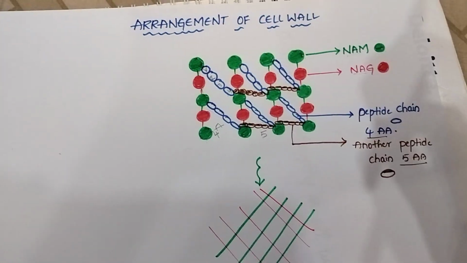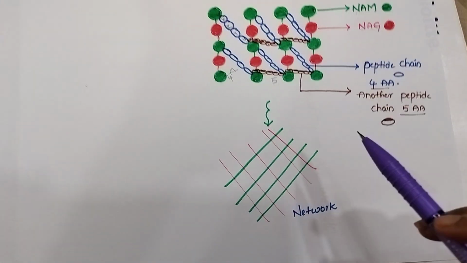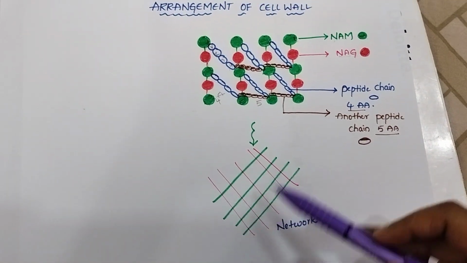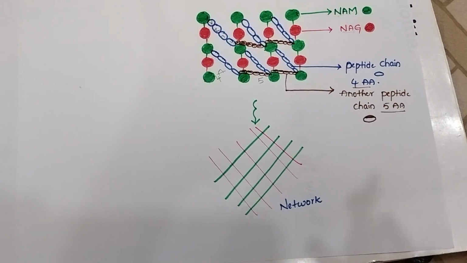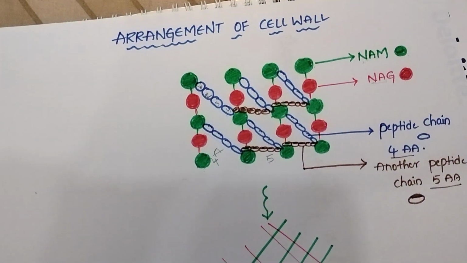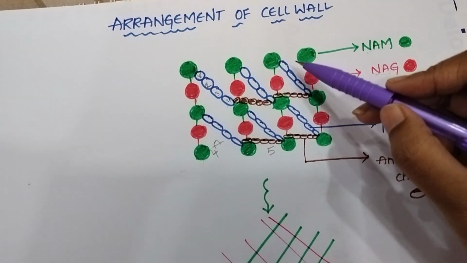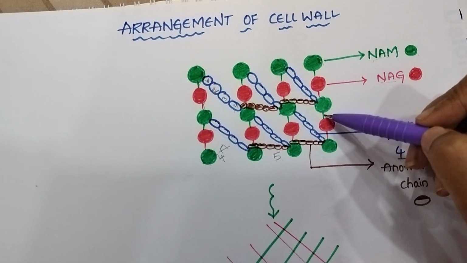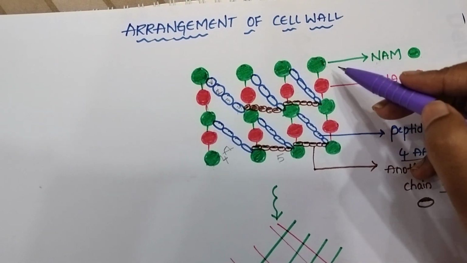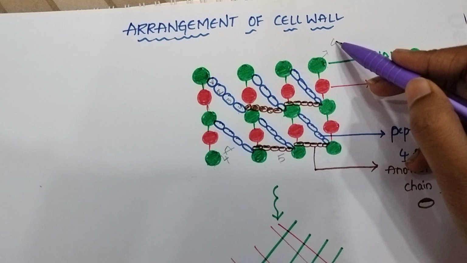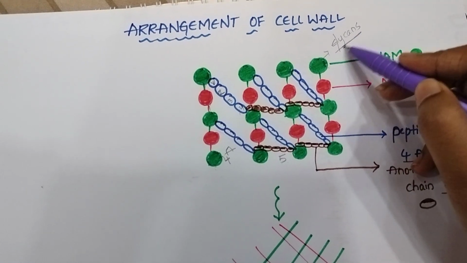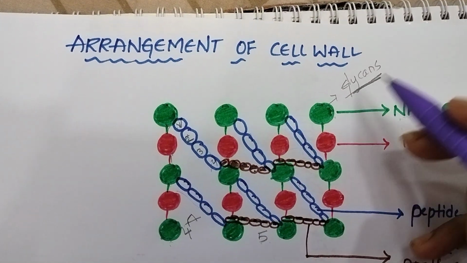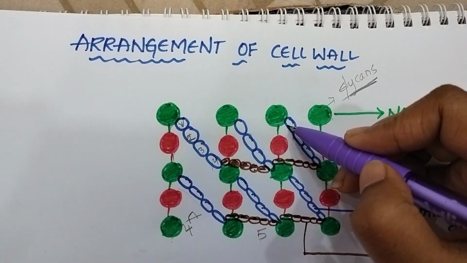If you zoom out, it appears like a network-like structure. The cell wall appears like a network. There are carbohydrates here, NAM and NAG, which we also call glycans. Carbohydrates are also called glycans, and these are peptide chains.